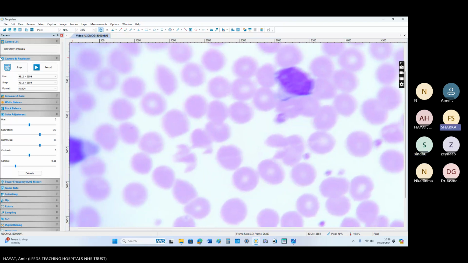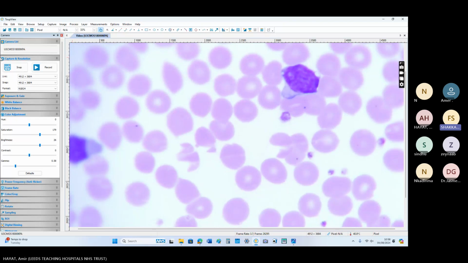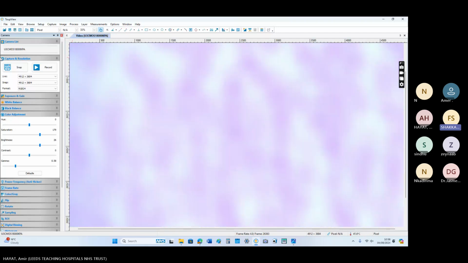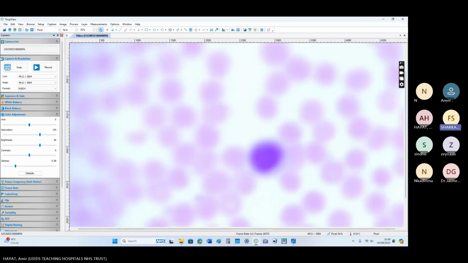I think this one might look like the hand mirror appearance. Okay. So this one has a hand mirror appearance. What about the nucleus? The nucleus has slightly open chromatin with prominent nucleolus in that one.